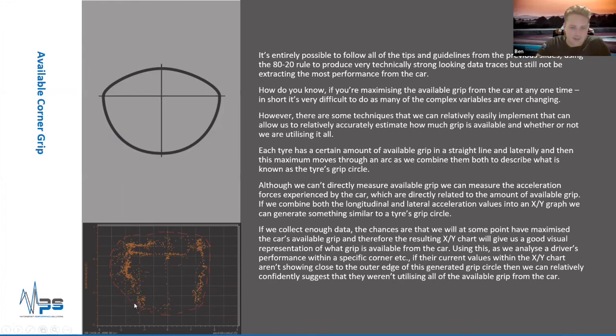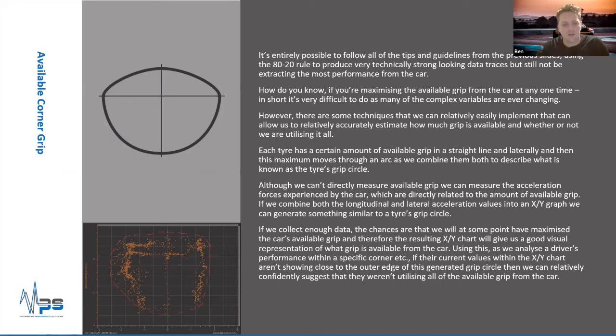As this plots any point throughout the lap, it's not lap specific, we can quickly build up our own tyre friction grip circle. Then, once we work out roughly where our limits are, we can consider the longitudinal and lateral G in isolation to a particular corner we want to look at.